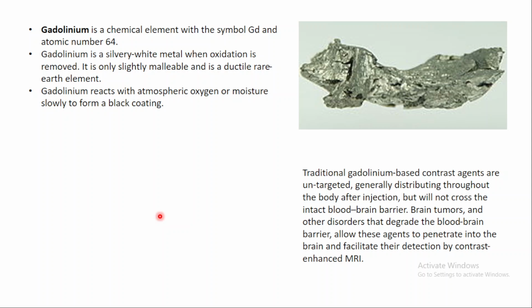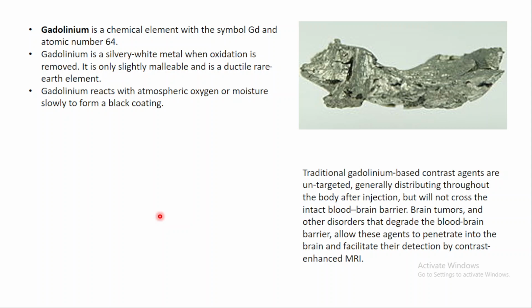So gadolinium based contrast agents are readily used to detect brain tumors and other brain disorders because of the blood brain barrier, which does not allow many molecules present in the blood to cross into the brain. So this gadolinium will not cross the blood brain barrier, but brain tumors and other disorders that degrade the blood brain barrier allow it.